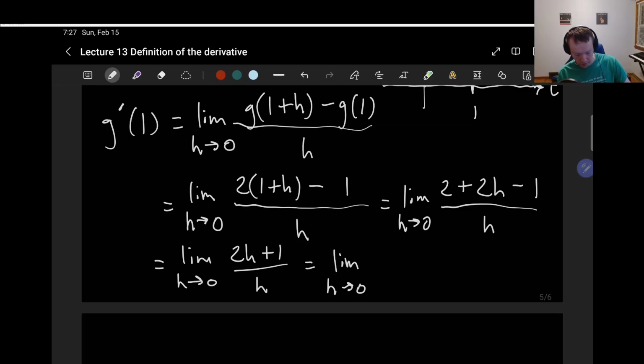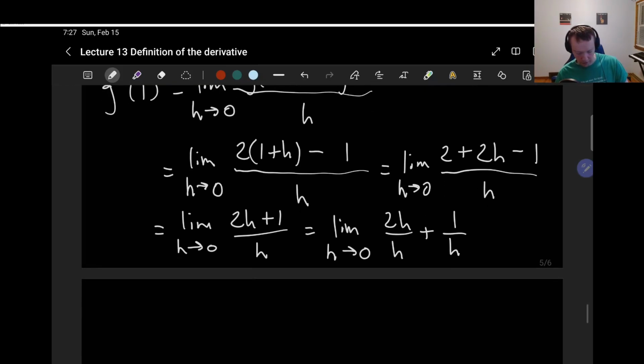It can be helpful to separate out this fraction. You can do this. The sum of two fractions with the same denominator. Now this first part would be fine. The h's cancel, you just get 2.